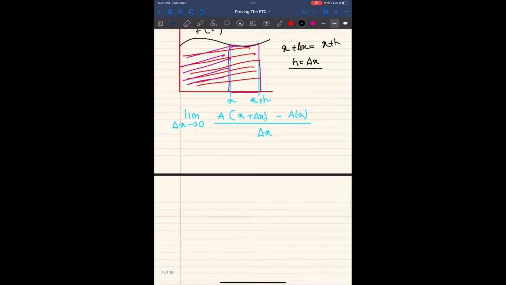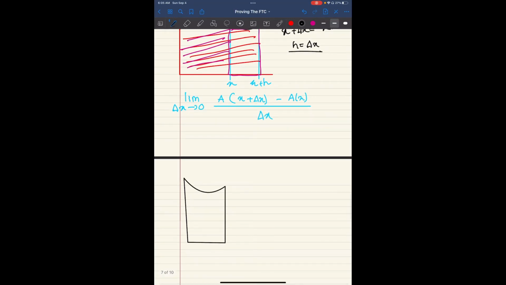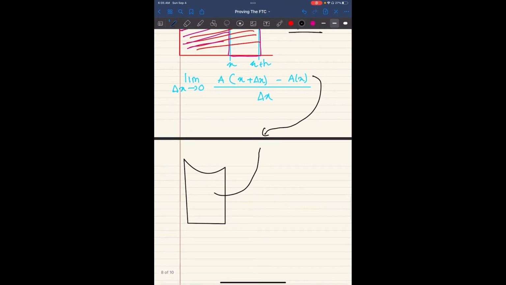So if we blow this image up to make it more comfortable to see, you get something that looks kind of like this. So this is equal to this. We all know that the base is equal to delta x.